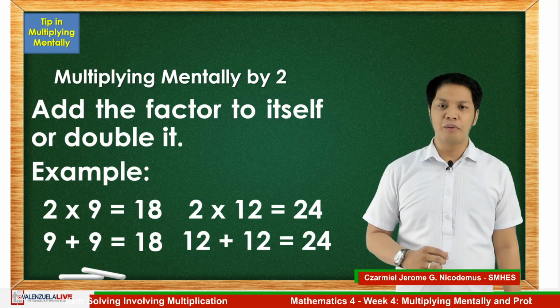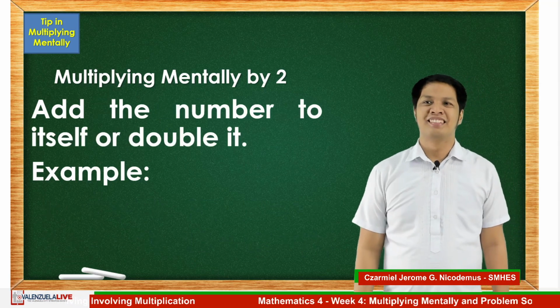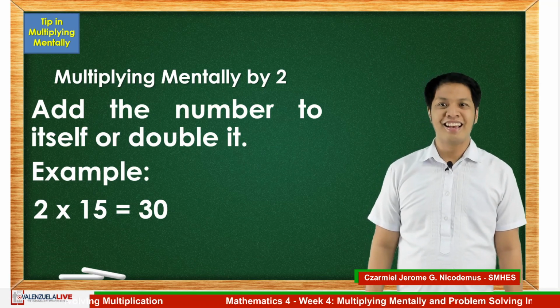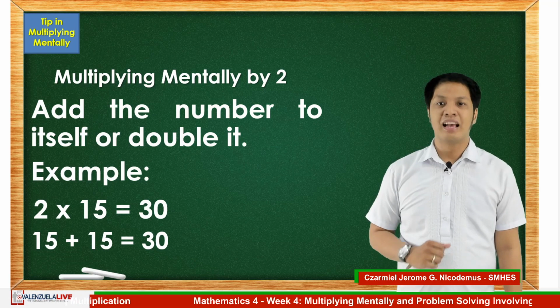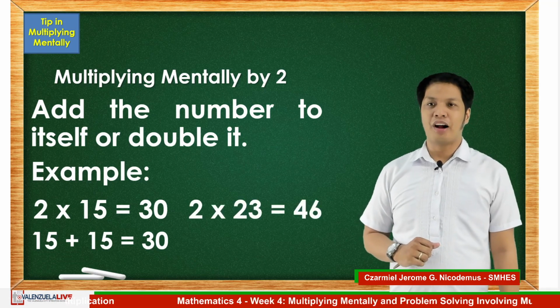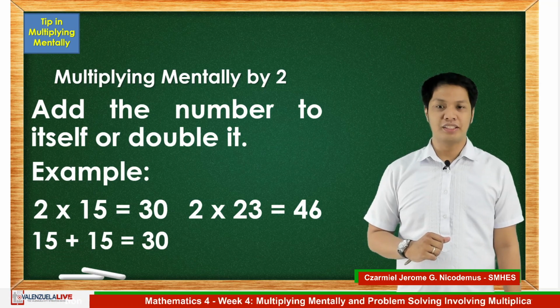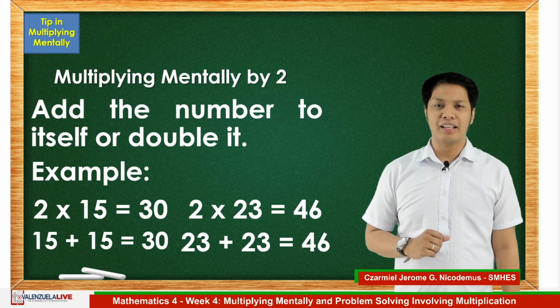Double or add 12 to itself and you will also get 24. Third example, 2 times 15 is equal to 30. Add 15 to itself and you will get the same result, which is 30. For our last example, 2 times 23 is equal to 46. Double or add 23 to itself and you will also get 46.